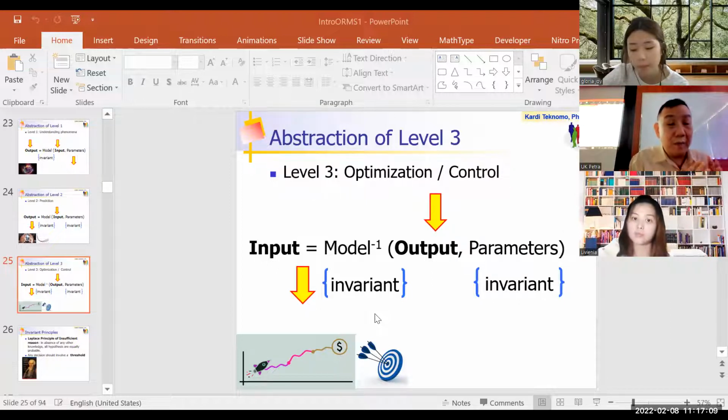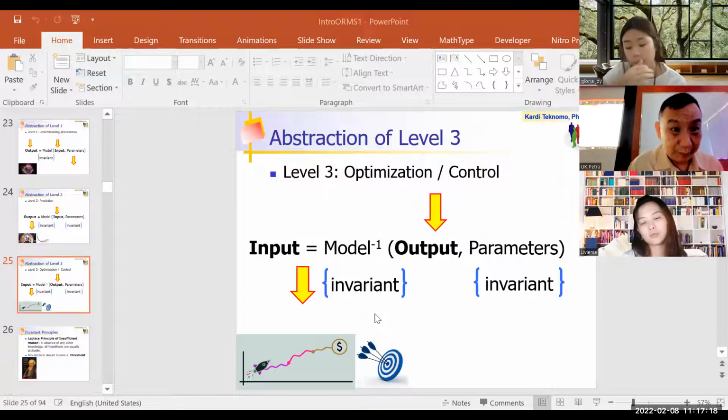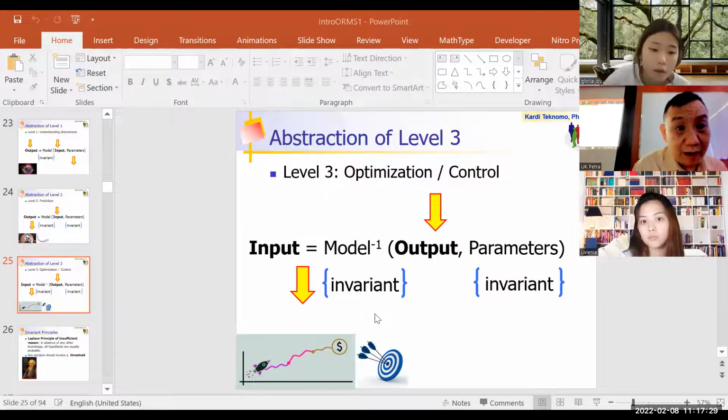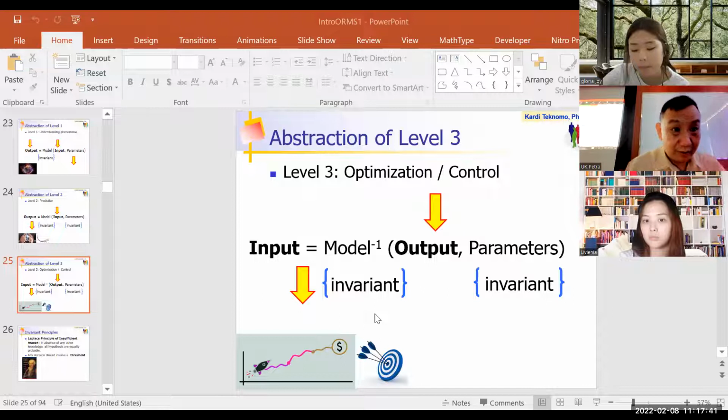That also makes the assumption that the model inverse exists, which is not always true. So what if I make a prediction model and then I cannot find the inverse function? If I cannot make the inverse function, then you cannot do optimization using that model, because the inverse function does not necessarily exist.